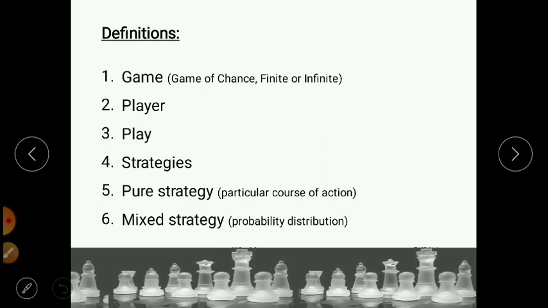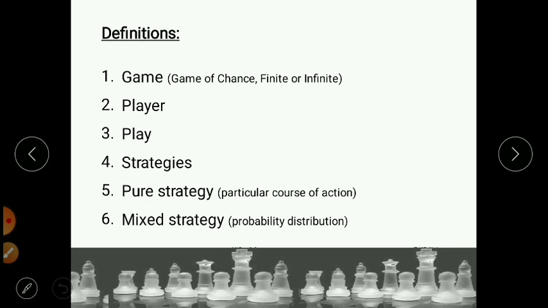Fine. For example, chess can be called a game of strategy, and Ludo or Snakes and Ladders can be called games of chance, because the values on the dice are just chance. There is no skill involved, no strategy involved. So it is uncertain and not determined.